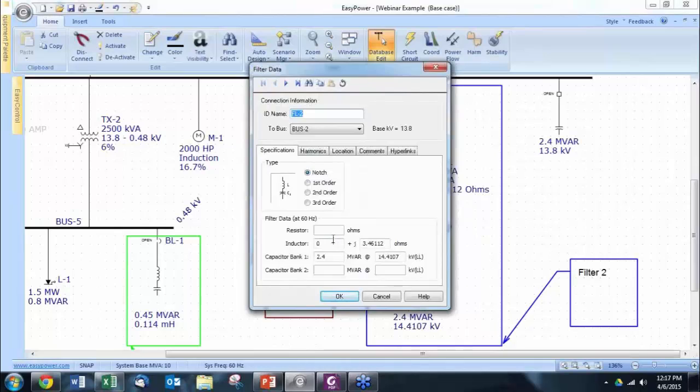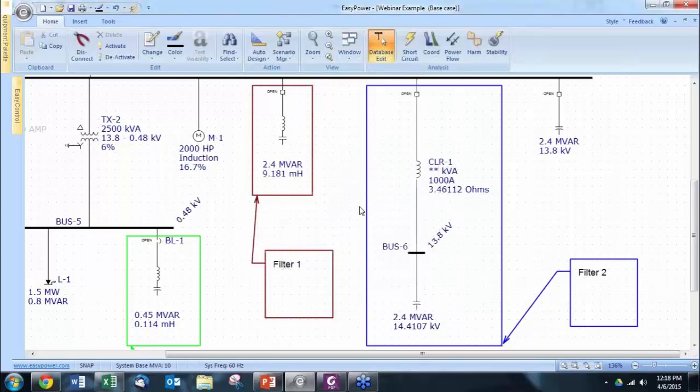You need only to know the inductive reactance, the nameplate capacitance, and the nameplate voltage for the capacitors. You may or you may not include the resistance of the inductor in the calculations. It really doesn't matter that much in my experience. So these two filters are the same.